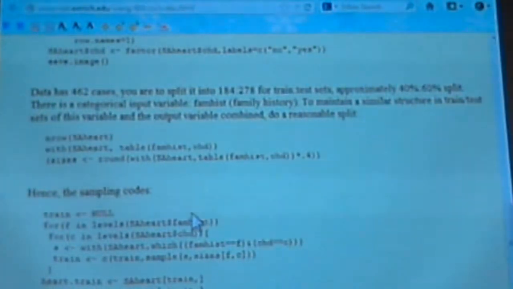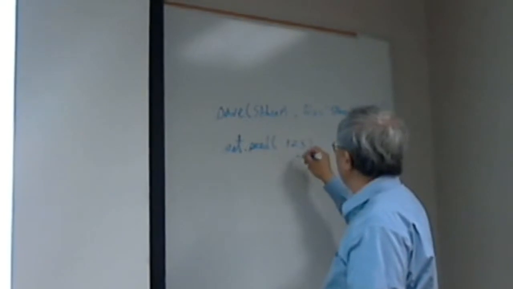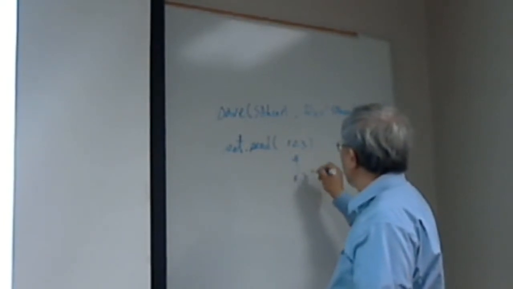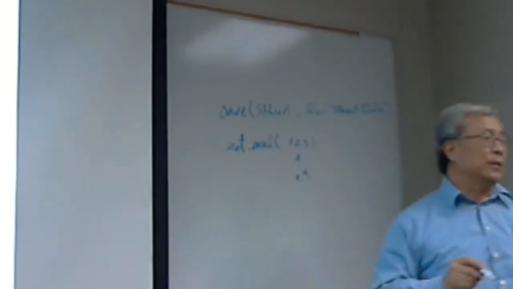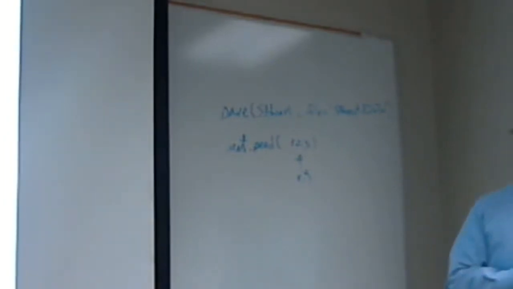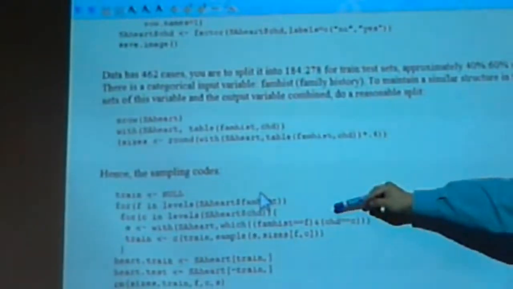Okay. And then here, whatever seeds you decide to set up. Okay. So here 1, 2, 3, for example. So run this set seed before you actually perform this stage. Okay.